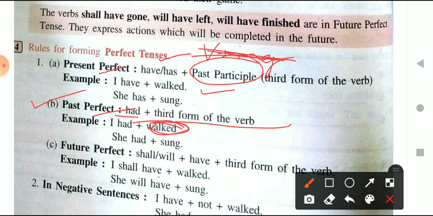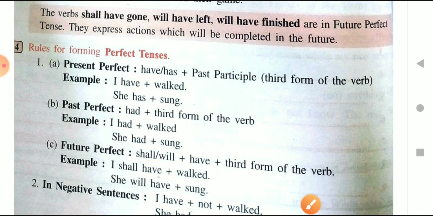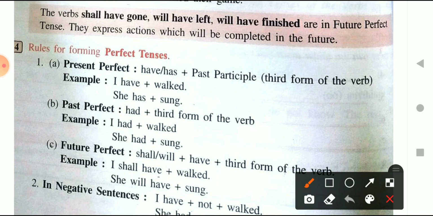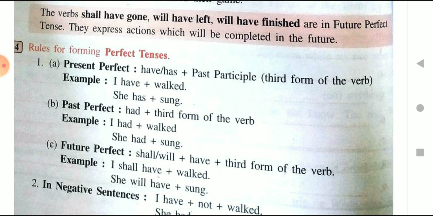Right, so here in these examples you can see that now we are using had to represent perfect tense in the past form. Similarly for future we will be using shall or will according to the subject, and we will also use have and then the third form of the verb. Okay, past participle. Now I shall have walked, she will have sung. Okay, so these are examples of future perfect tense.